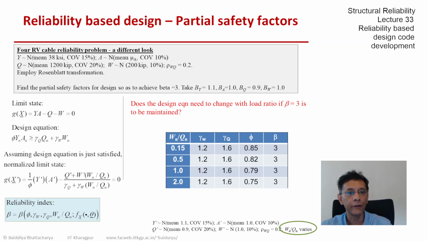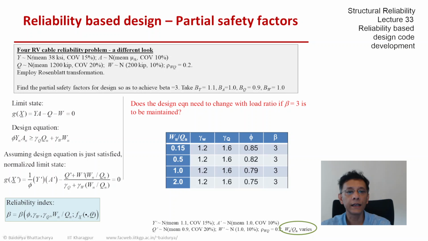But then if we make Wn over Qn larger at 0.5 and then further at 1 and then further at 2, we see that phi needs to change accordingly if we have to maintain the value of beta. So again, here we have kept gamma W and gamma Q fixed, and now we are looking at different design situations, and phi now needs to change if we have to maintain the value of beta, which is 3 in this case. Now the question, let us flip the question.